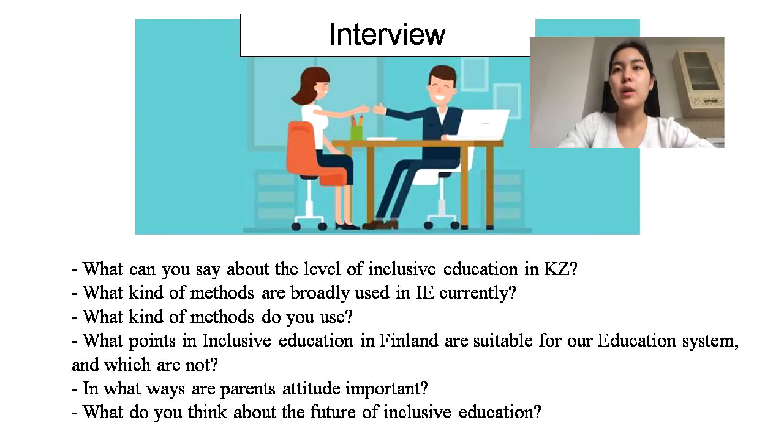As I told before, 2 teachers who have an experience of working with students with special needs were interviewed, and they answered questions about the level of inclusive education in Kazakhstan, what kind of methods are broadly used in English language teaching, what kind of methods do they use or used, and what points in inclusive education in Finland are suitable for our educational system, and in what ways parents' attitude is very important, and what do you think about the future of inclusive education?